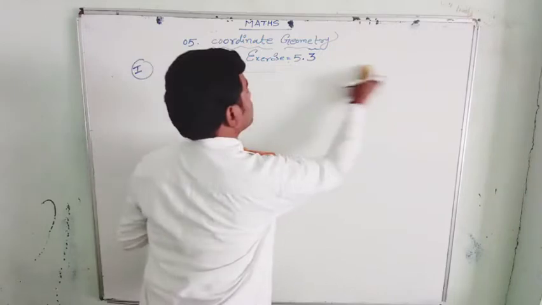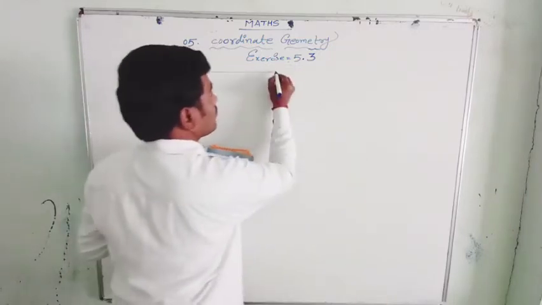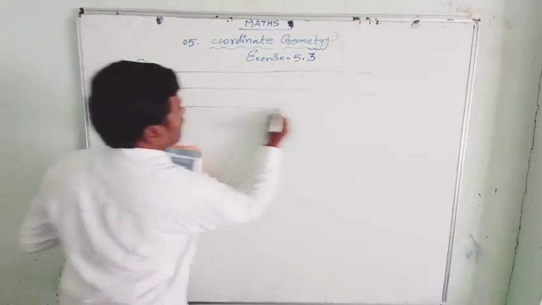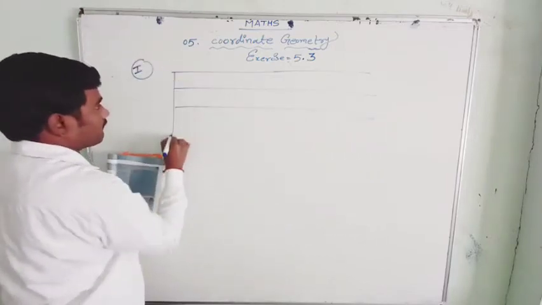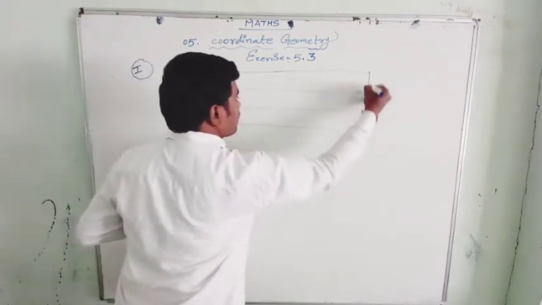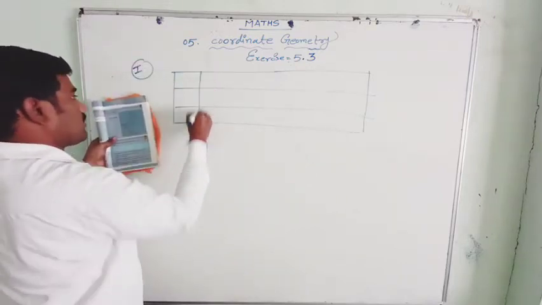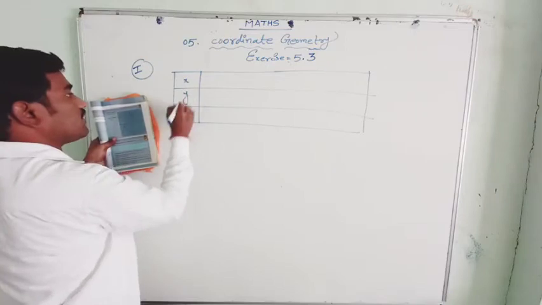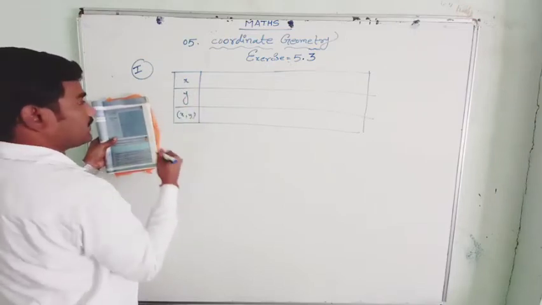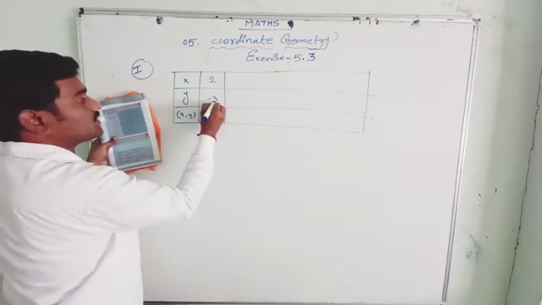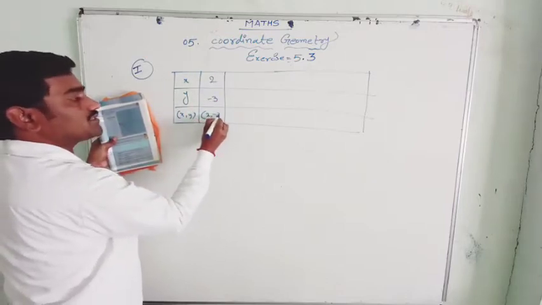Then we take it here. Here x value, here y value, here x comma y value. So here 2 comma minus 3. The point is 2 comma minus 3.